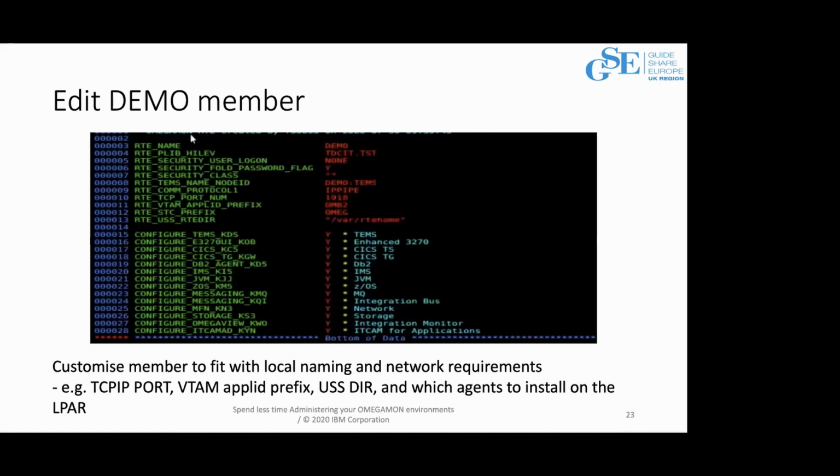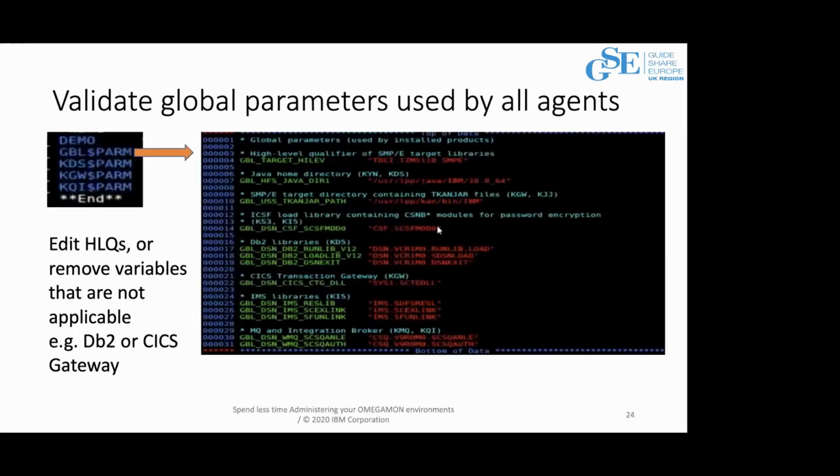Then you say which agents you want to configure. If you want to configure a TEMS in this, you want to configure the agents within that monitoring suite, of course. So if you don't want to configure all of the agents, only a few of them, you just change the Y's to an N in this list. Okay. Then you go back to the job.